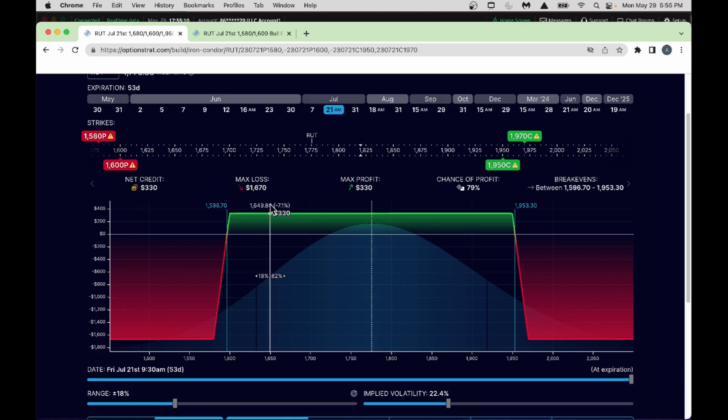That makes it 1670 as your buying power reduction. So I think that's why it's great from a buying power perspective also, and from a profitability perspective. This is actually one of my primary vehicles to earn profit on a regular basis.